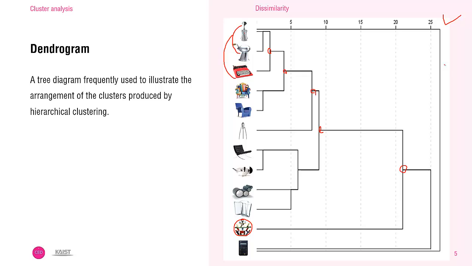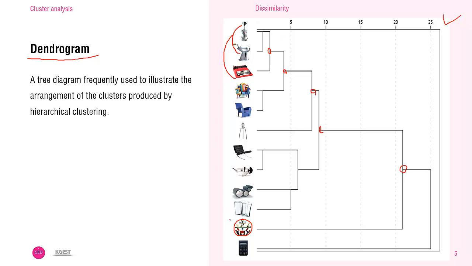This tree-shaped structure is called a dendrogram. A dendrogram is a tree diagram frequently used to illustrate the arrangement of the clusters produced by hierarchical cluster analysis. One practical aspect of the dendrogram is that you can use it to directly inform how you might organize the clusters or the items.